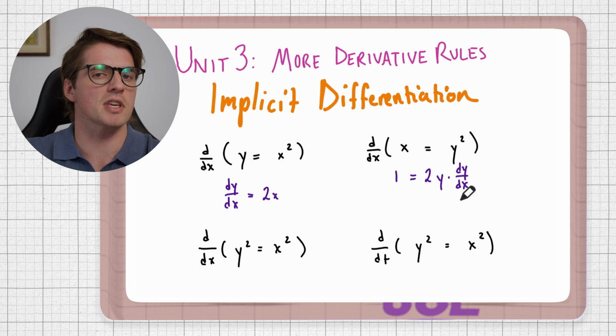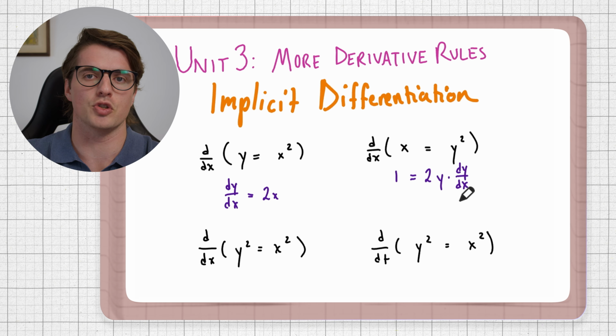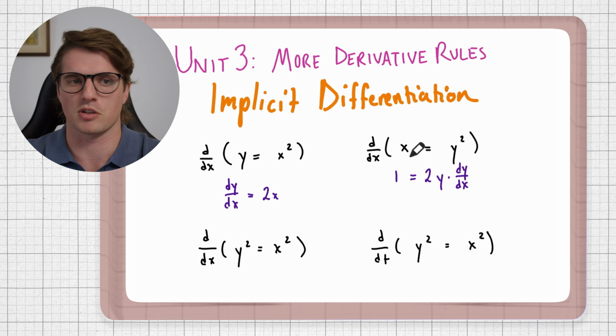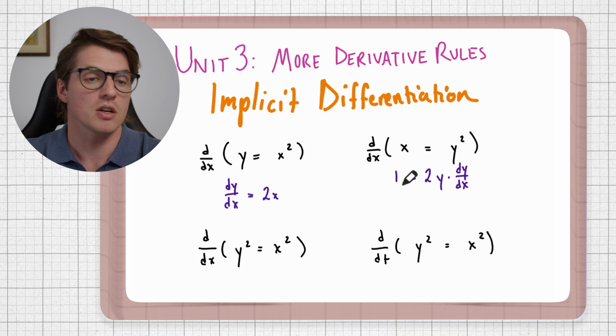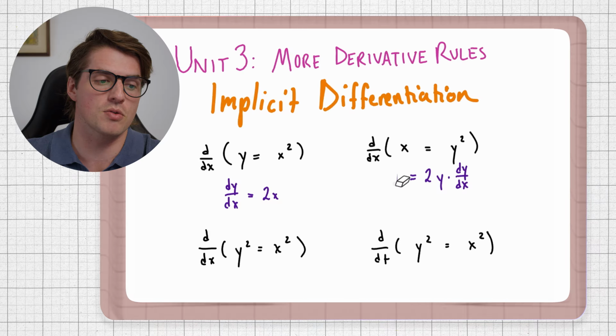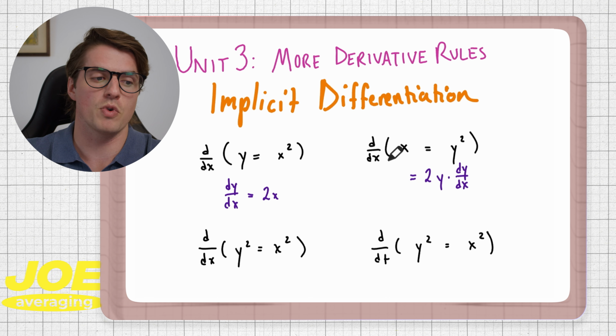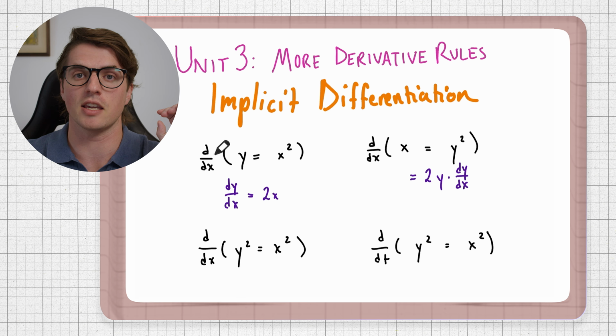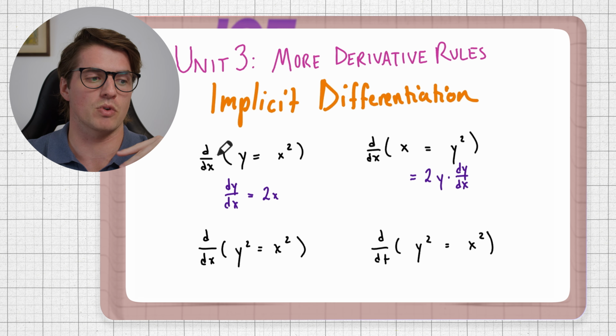Now, there is something that I want to comment on here because I do think that students sometimes get confused. Why don't we do something special with x? Why is it just 1? That's a good question, and we absolutely could. When we're taking the derivative of y, we replace the blank up here in d/dx with y.